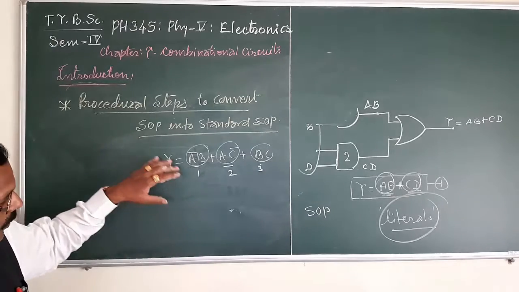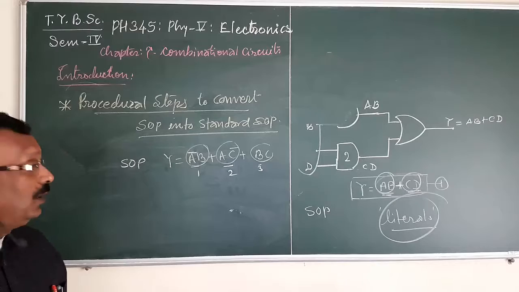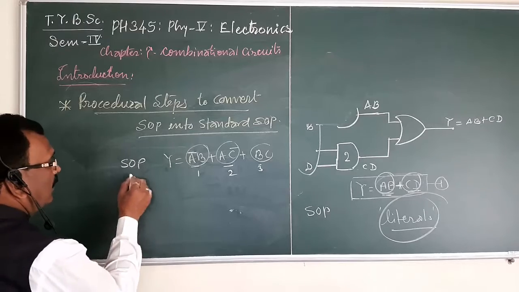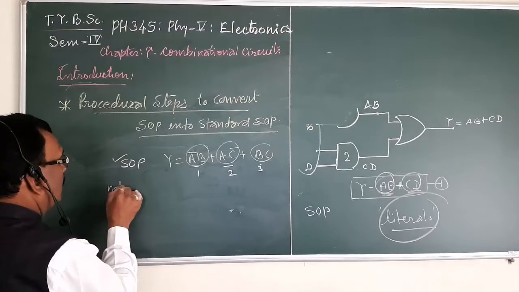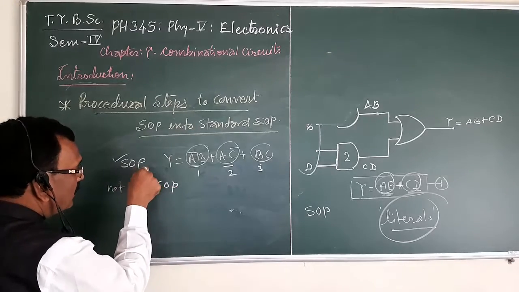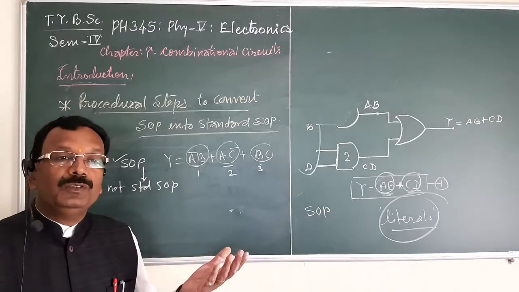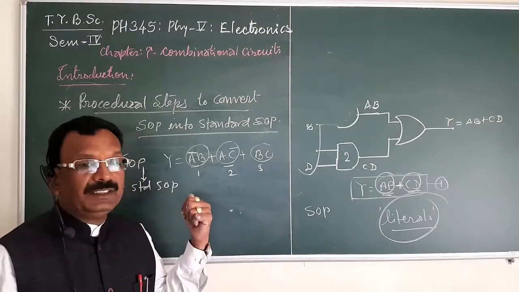Okay. But this is SOP, but not standard SOP. In order to convert this SOP into standard SOP, what we have to do? First of all, make your concentration here.